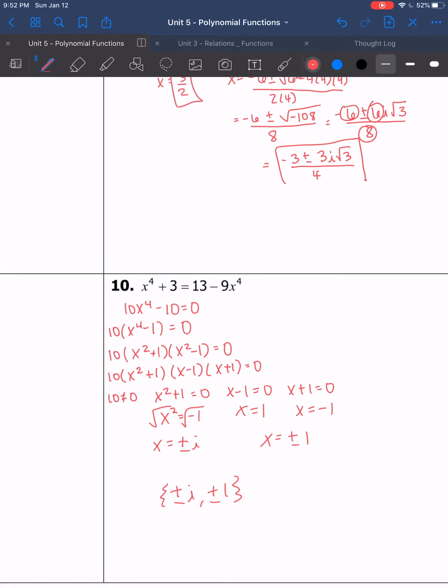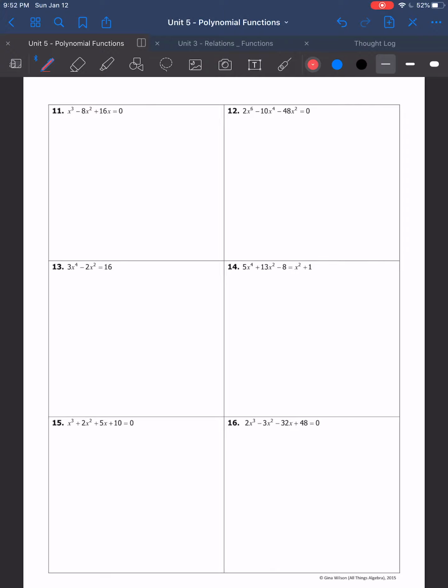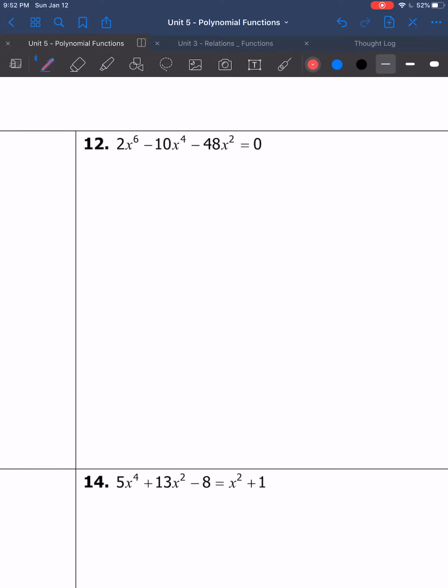So let's move right along to number 12 here. I should get 6 solutions, right? Everything is looking all right so far. I can take out a 2x squared, and then I'll be left with x to the 4th minus 5x squared minus 24 equals 0.